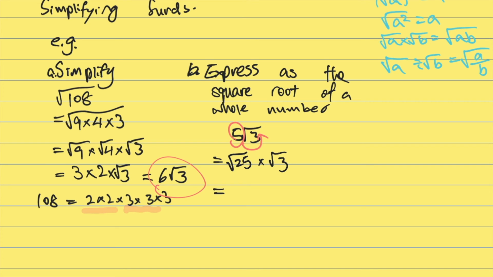We use this rule conversely, which leads us to square root 25 times 3, which gives us square root 75.